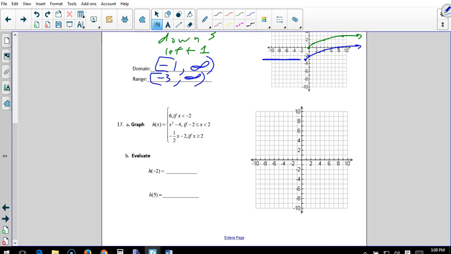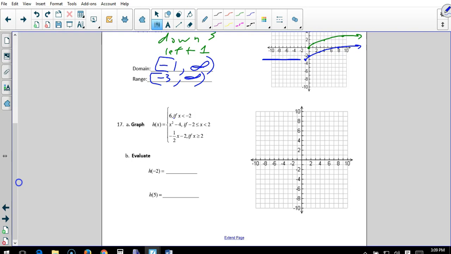Okay, number 17. Piecewise graph. We have 3 separate graphs to do. Now remember, you can do this the longer way, which is graph y = 6. There's the horizontal line. Okay. Now I'm going to show it the long way, and if you want to fast forward to the calculator way, go ahead.